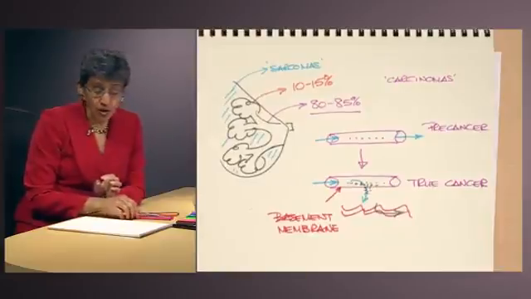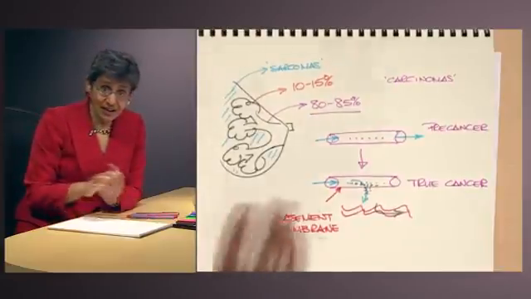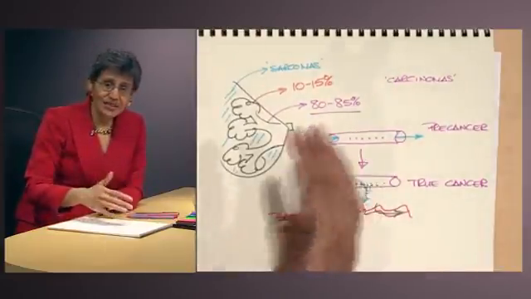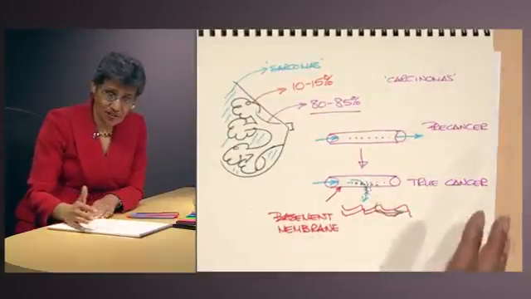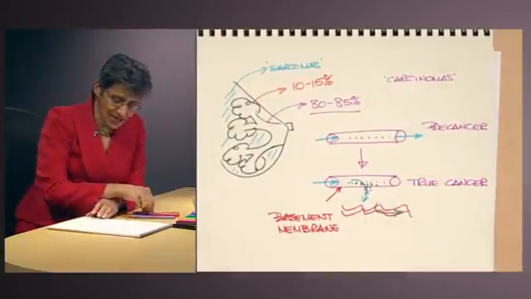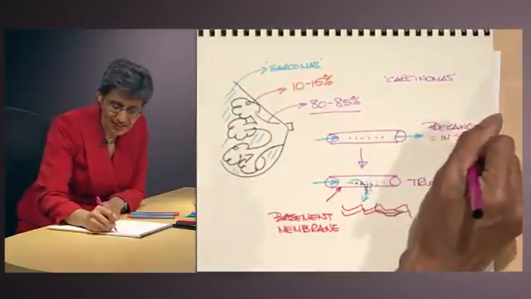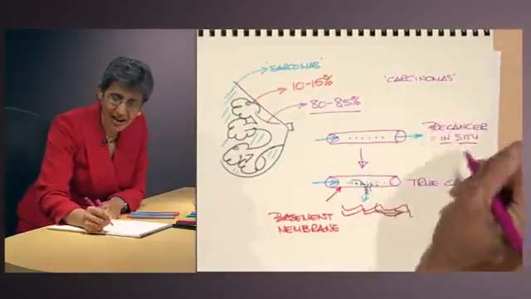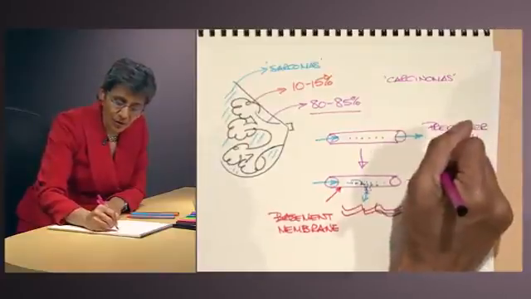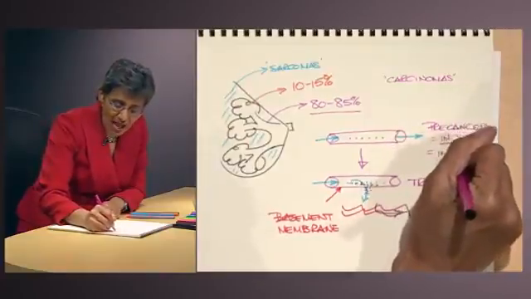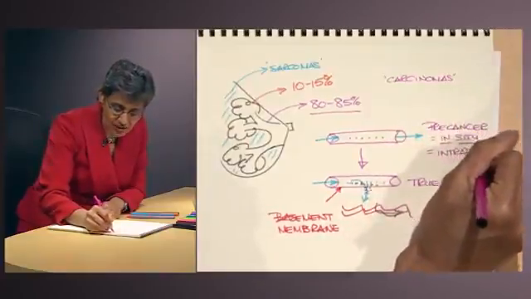Now, if it were just that simple, we would be done, but there are a lot of synonyms to all of these terms. So precancers are also called in situ. In situ means inside the pipe. And they're also called intraductal cancers.